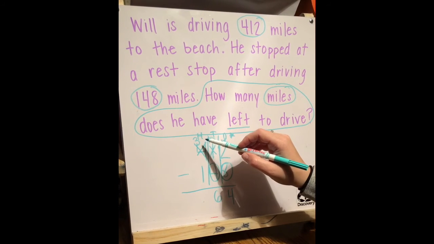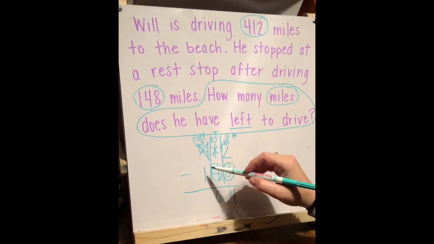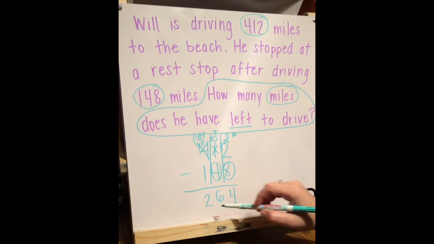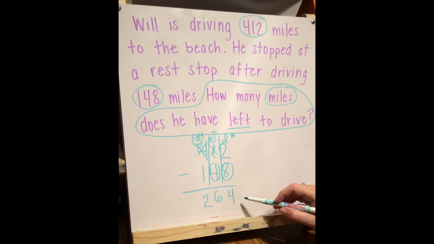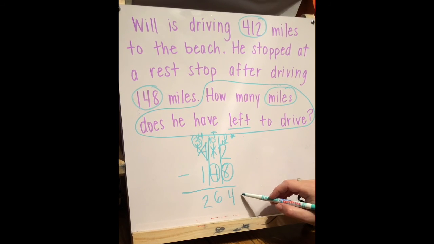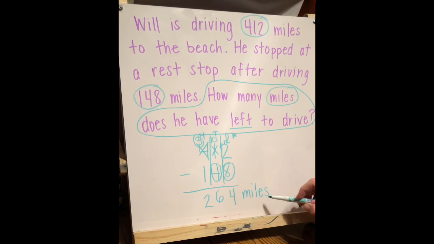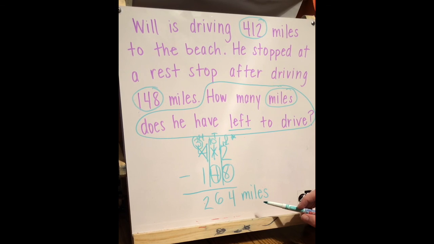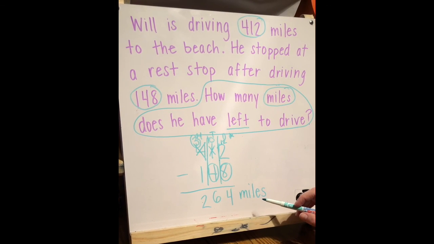And then we have our hundreds column, 3 minus 1, bigger number is on the top. So 3 minus 1 is 2. So this tells us that we have 264 more miles left to drive. And make sure that you include your label. And remember, the strategy, you can always check your subtraction with addition.